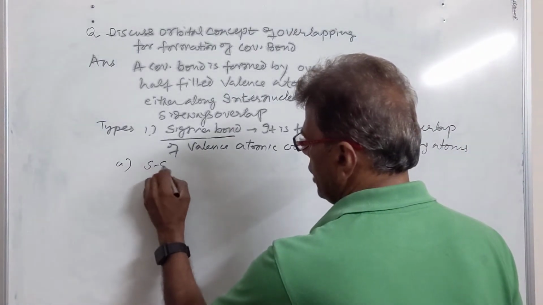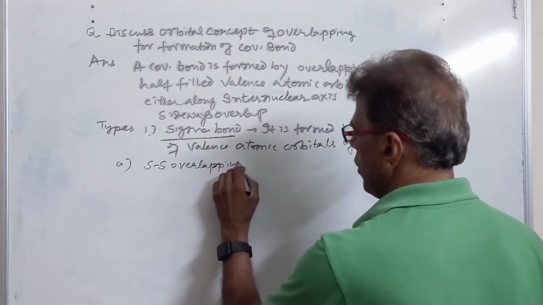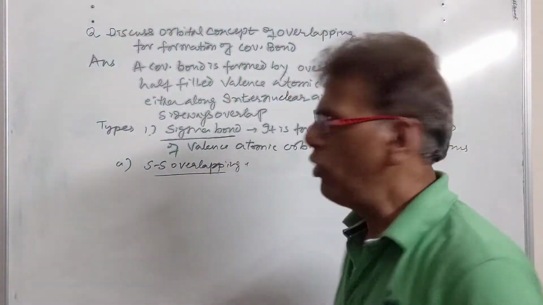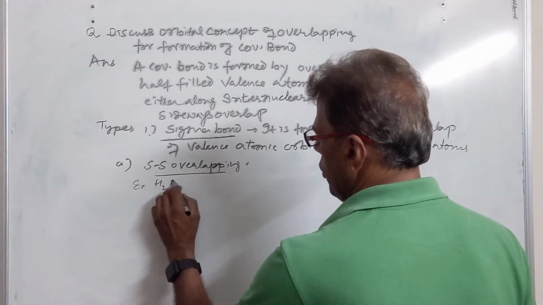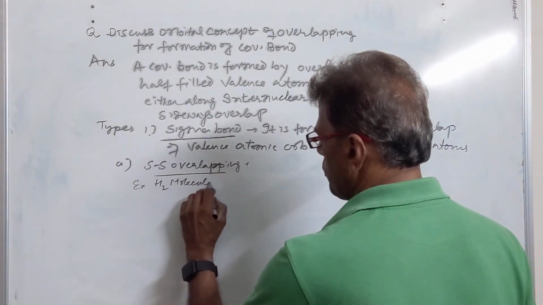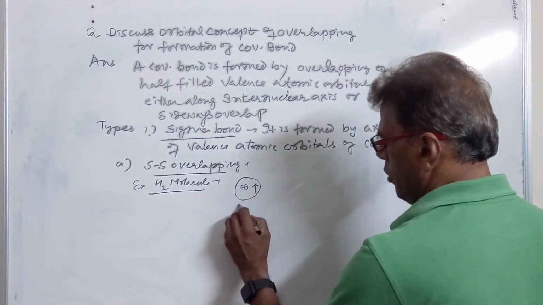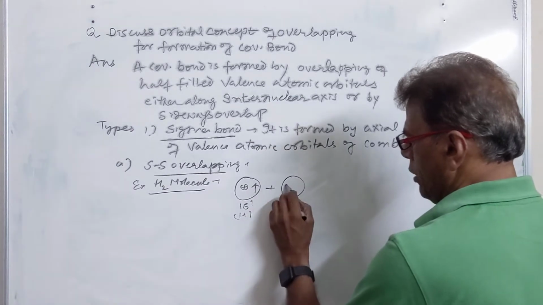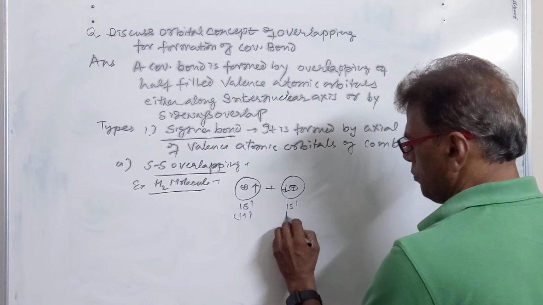Number one, s-s overlapping. Here half-filled s orbitals of two atoms overlap along the internuclear axis. Example is formation of H2 molecule. This is hydrogen having one electron, and this is second hydrogen having one electron.